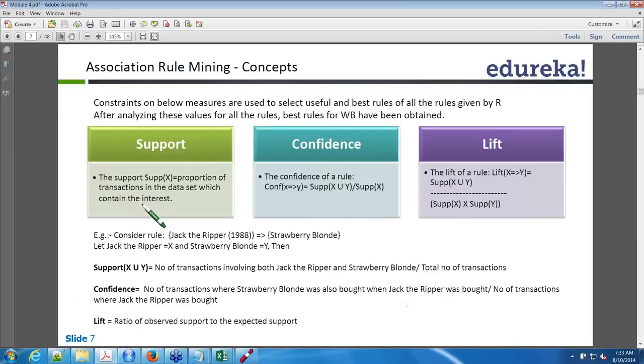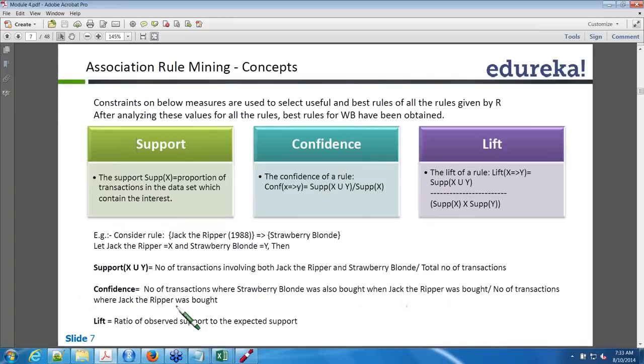That product I cannot use for my analysis. At least at a minimum level of percentage a product should be present in all the transactions, and only then will that product be considered for association rule mining. That is called support.